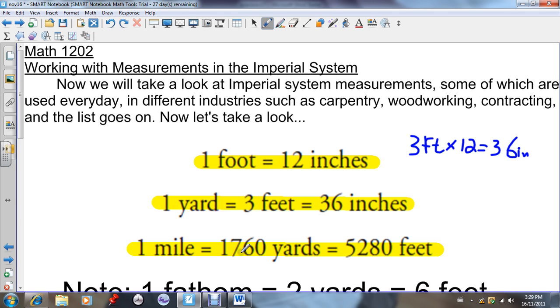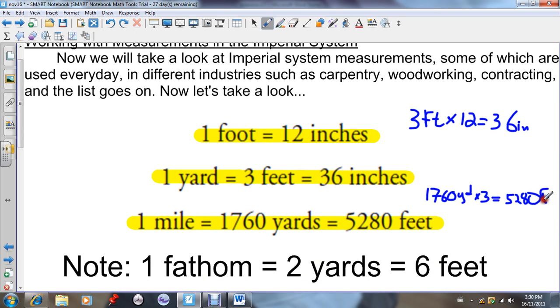So in 1,760 yards, we can change that to feet by multiplying by how many feet in 1 yard? 3. So we multiply 1,760 by 3, and we get 5,280 feet. Now make sure you write down these, because they're very important.